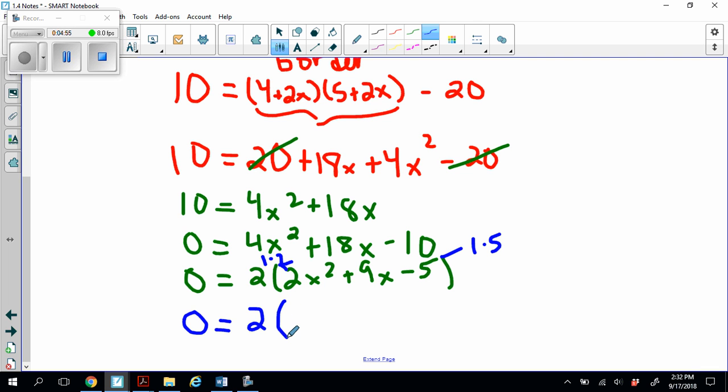So we have 2 times. Now we have to use a 1x and then here, we're going to use a 2x. Now, this is where guess and checking comes in handy, because we don't know if we're going to have 1 and 5 or 5 and 1. Well, let's see if we put 5 and 1, if that works.